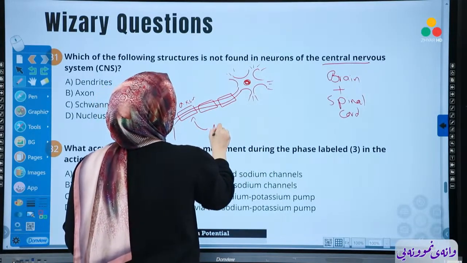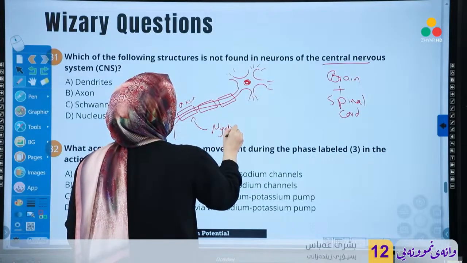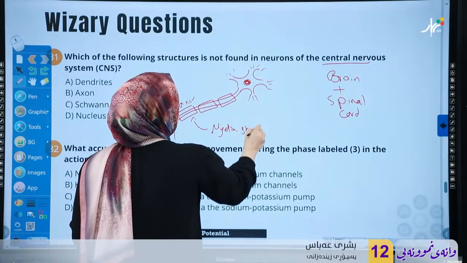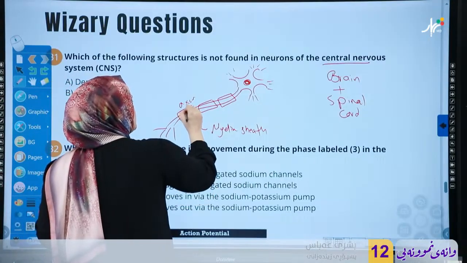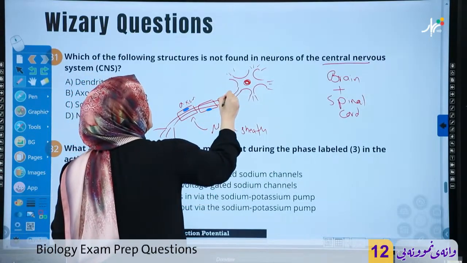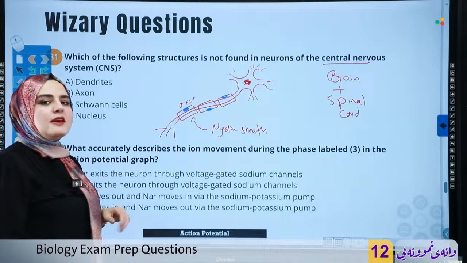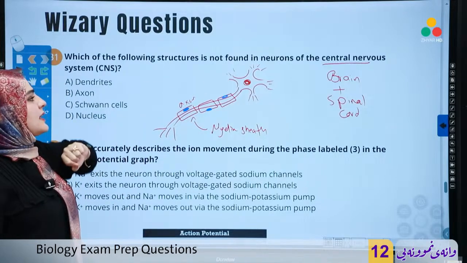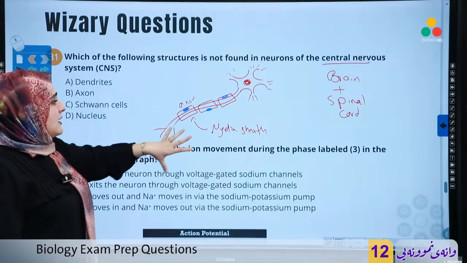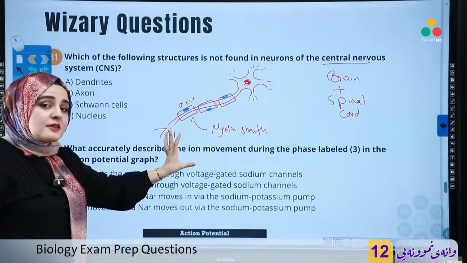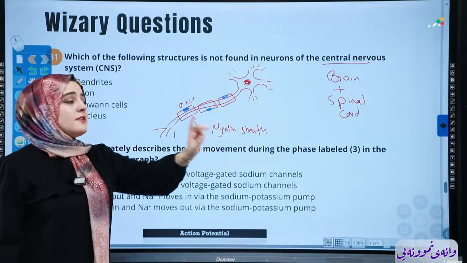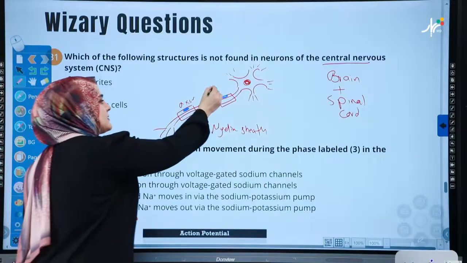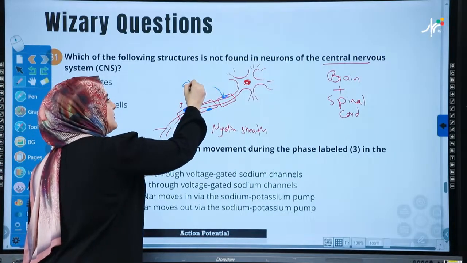What is this? Myelin sheath. Okay? Myelin sheath is created usually by other cells that surround and insulate the neuron. What is interesting is that every part is present in neurons of the brain and spinal cord other than this.